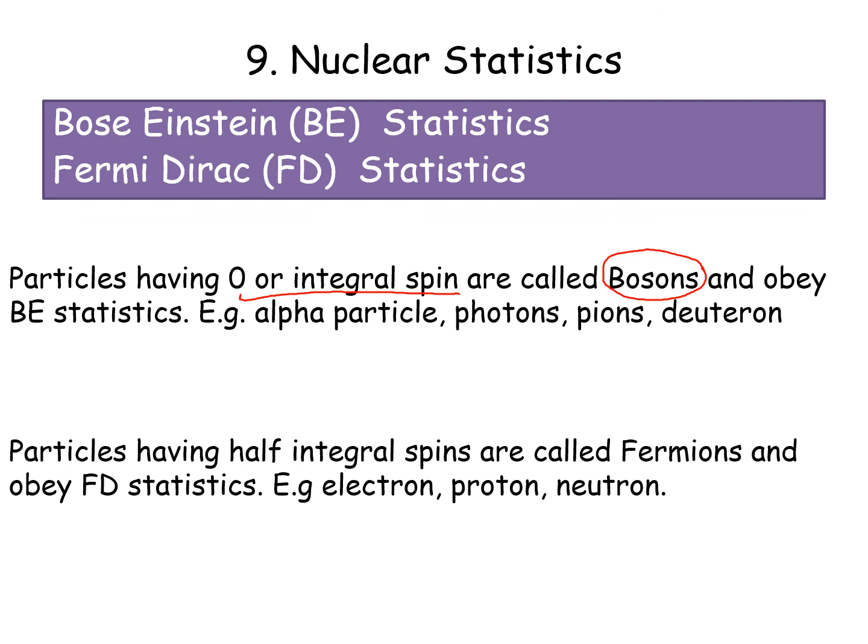Examples are the alpha particle, photons, pions, deuterons, etc. The particles which have half-integral spin are called fermions, and they obey Fermi-Dirac statistics, for example electron, proton, and neutron. So these were the different types of statistics.